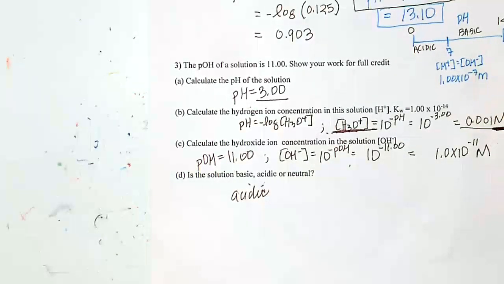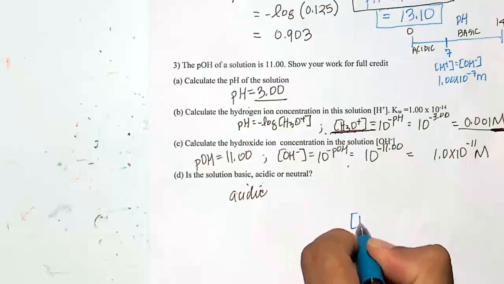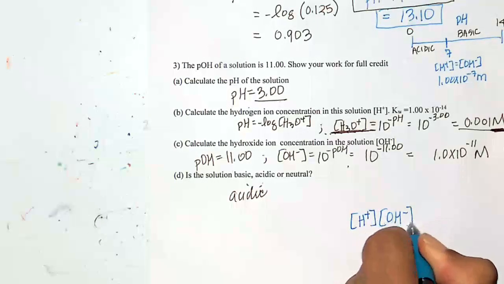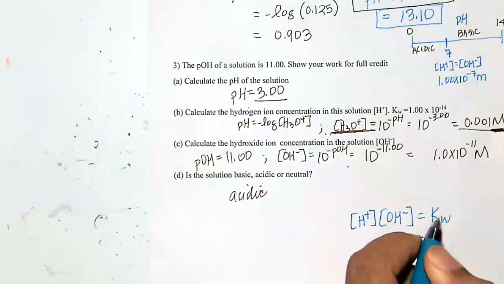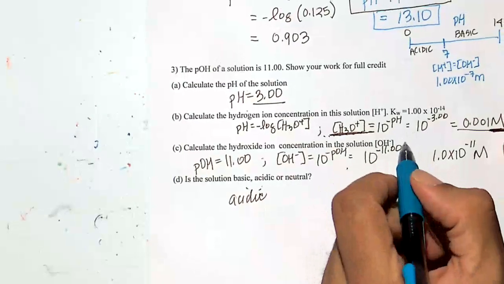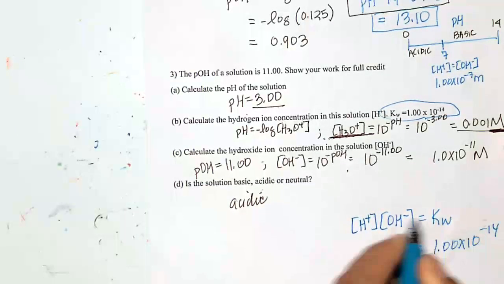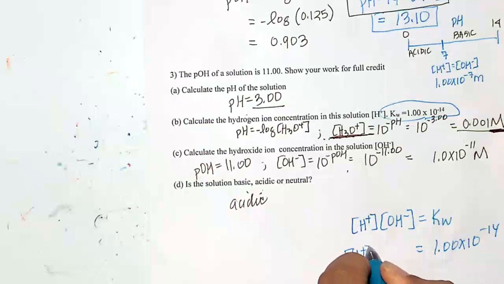I was actually, in my mind, going to teach you guys this. The concentration of H plus times the concentration of OH minus is equal to Kw, and Kw was given to us here as 1 times 10 to the minus 14. I was going to use this equation.